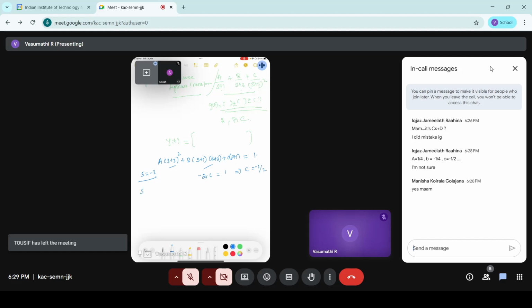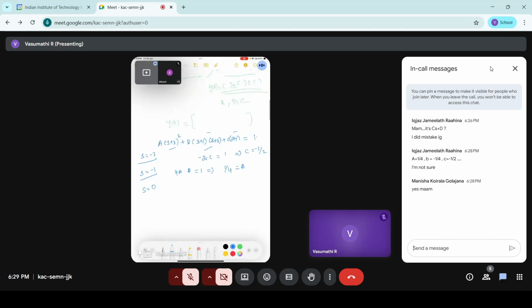Right. If I put s equal to minus 1, this will be 4A, plus this will go out, this will go out. 4A is equal to 1, this gives A equal to 1 by 4. If I put s equal to 0, 9A plus 3B plus C is equal to 1.